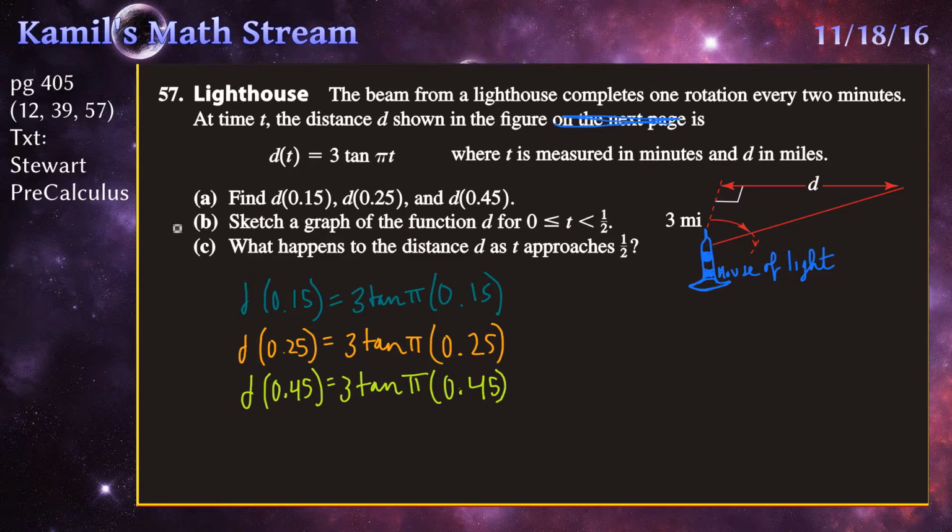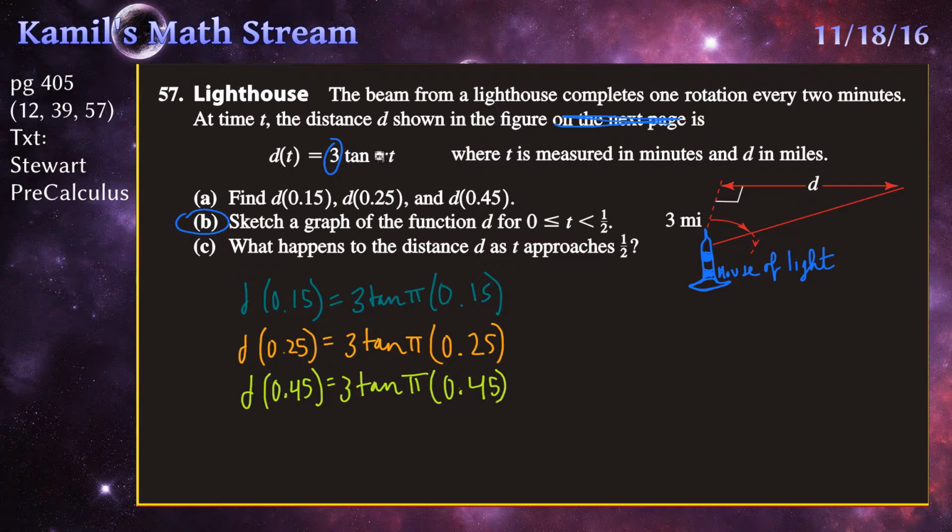Maybe we should do B first. If we want to sketch a graph for this, well, this doesn't really matter. It makes barely any difference, as we found out in the first problem.